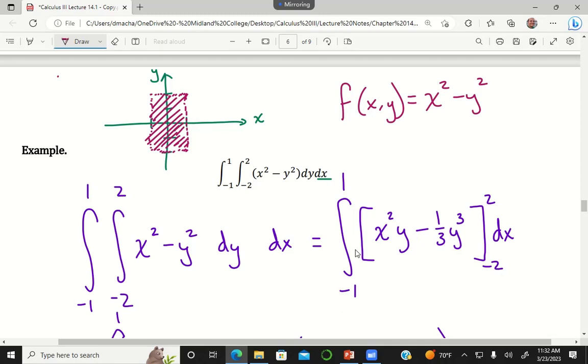Which is kind of like sampling a whole bunch of points inside that region, taking their values of that function, and then just sort of adding them up for little tiny areas that are like dx times dy. You know, if dx is just a little increment of length in the horizontal direction, and then dy is a little increment of length in the vertical direction, then dx times dy gives you a little increment of area, a tiny little square of area, right?